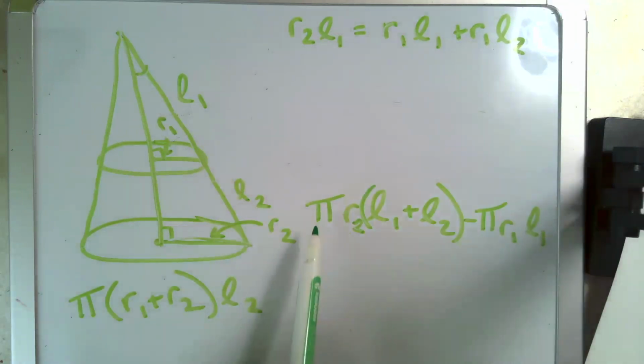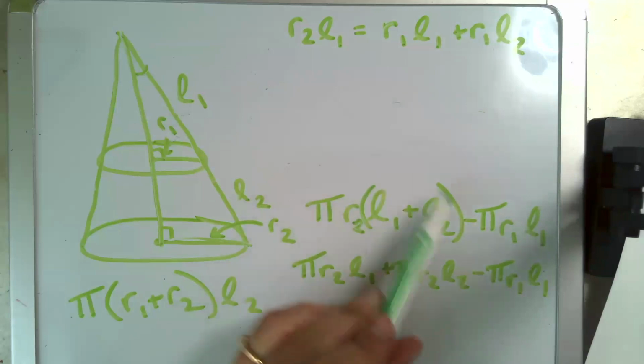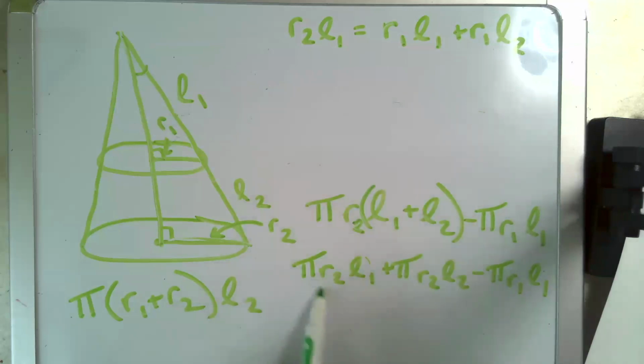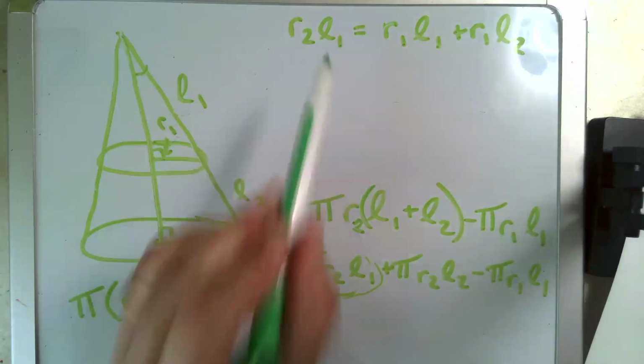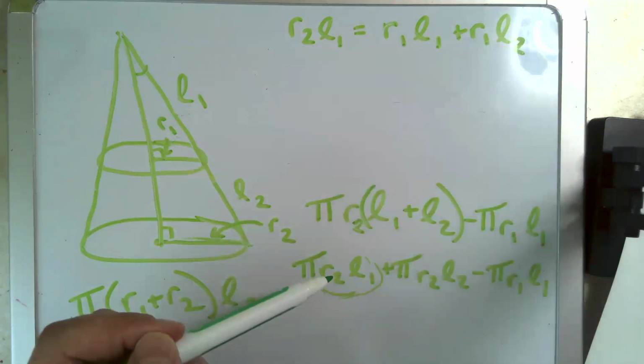So if I take this and distribute this through as well, I see that I have an R2 L1 and I have an R2 L1. So I'm going to go ahead and substitute this in here.